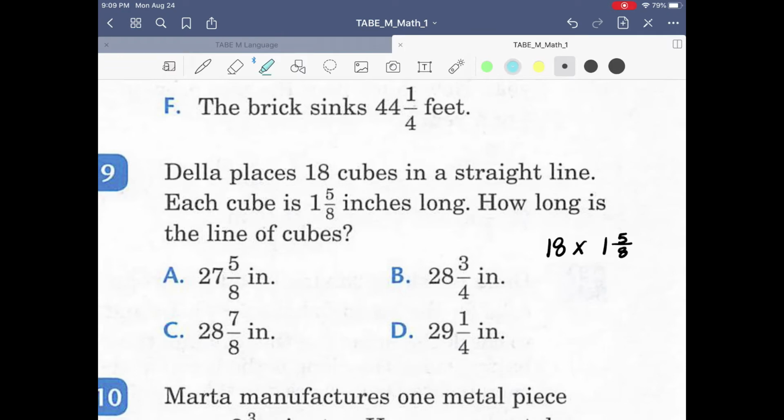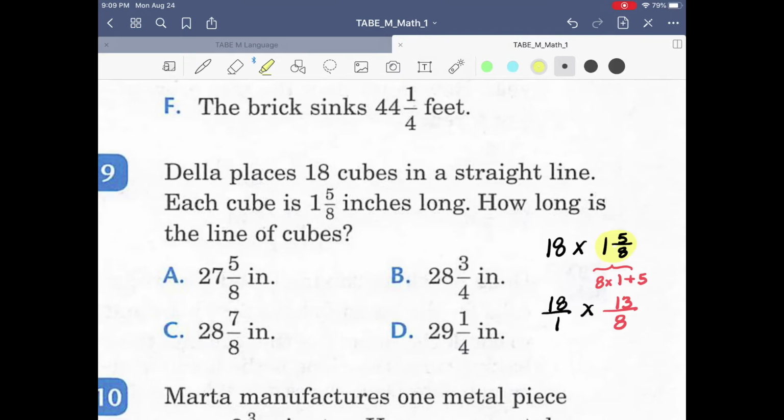So we have to convert this one. 8 times 1 is 8, plus 5 is 13. And we keep the 8 on the bottom. And then bring down the 18 with a 1 under it.